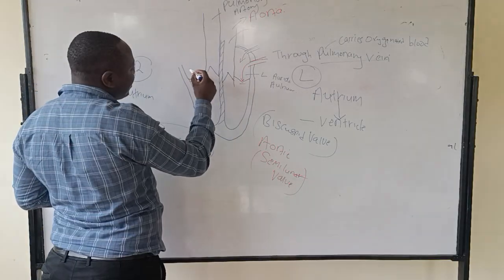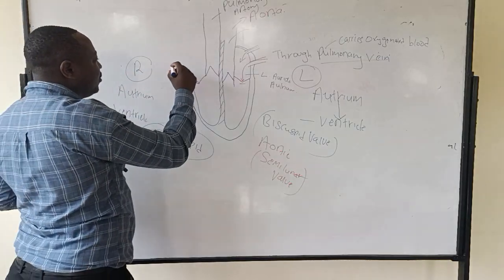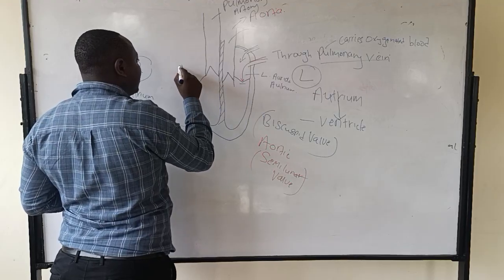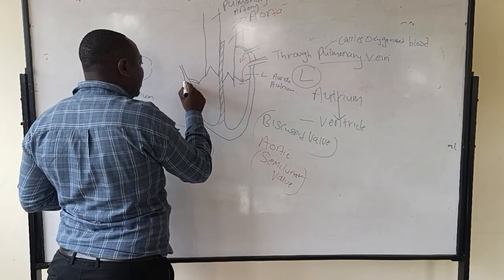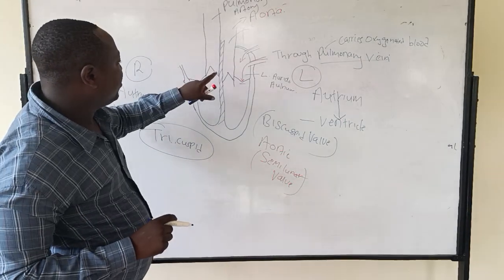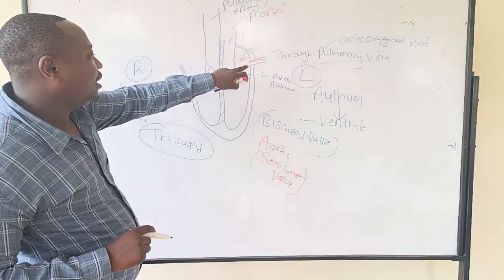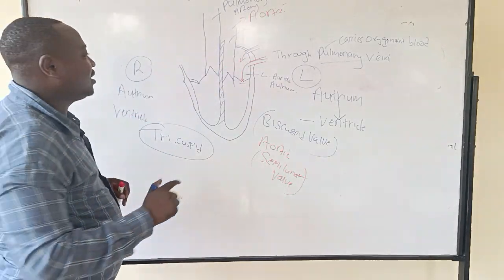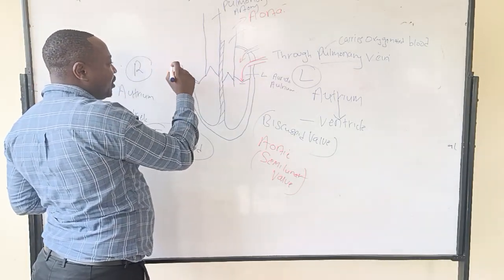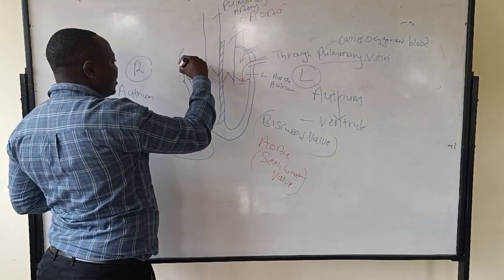Then we also have this part, which we are calling the right atrium. What you need to know is that if you compare the right atrium and the left atrium, the left atrium muscle is a bit deeper compared to that of the right side.